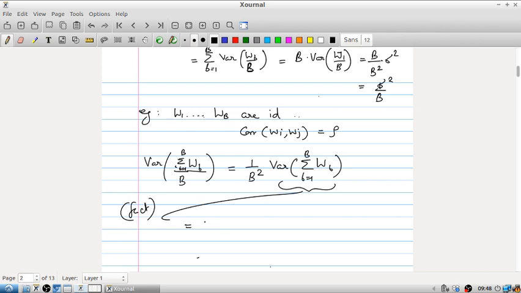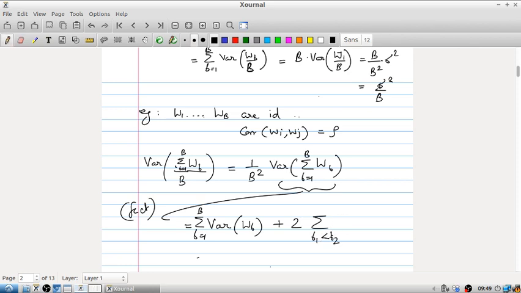This is equal to the sum over b equal 1 to B of the variance of w_b, plus 2 times the sum over b1 less than b2.